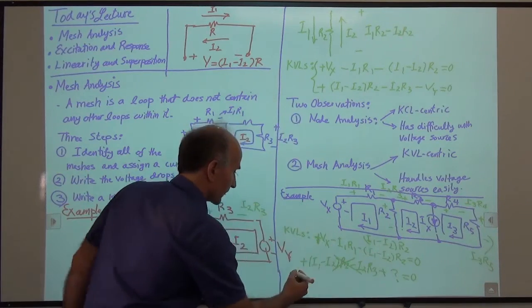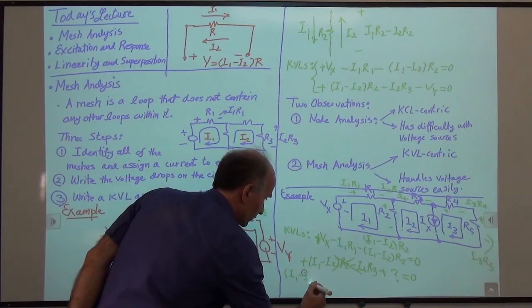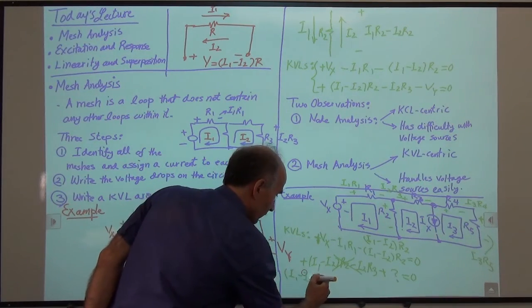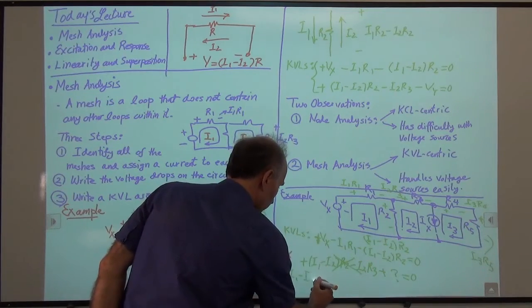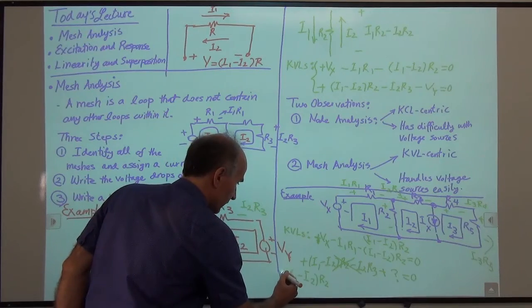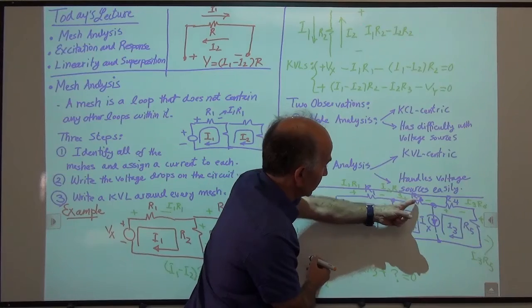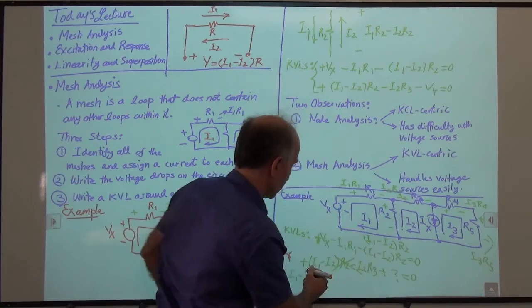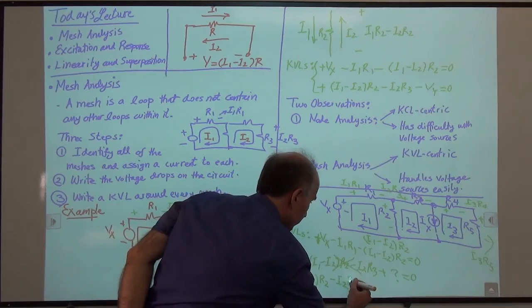So we have I1 minus I2, I1 minus I2 here, times R2 gives me the voltage. And because I'm going up the potential, this takes a positive sign. And then I'm going down the potential here. That's I2 R3 with a negative sign. So minus I2 R3.